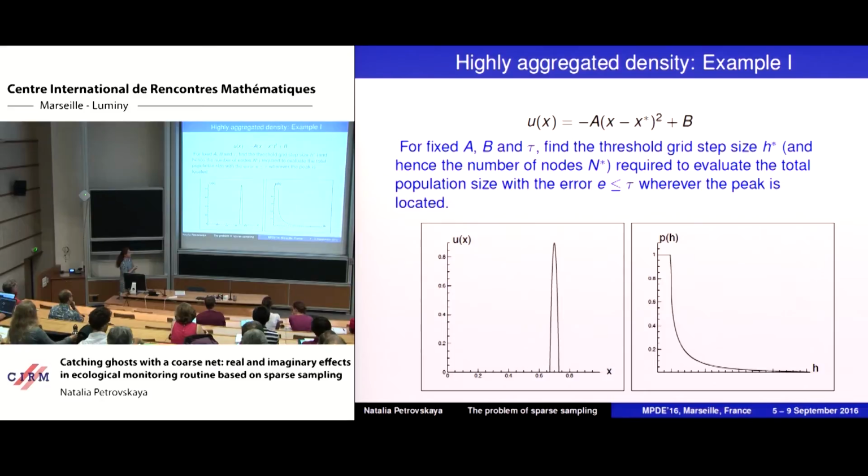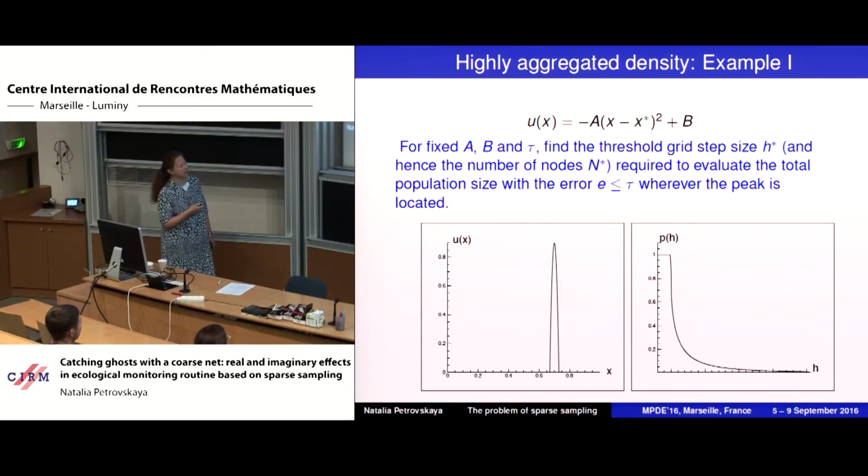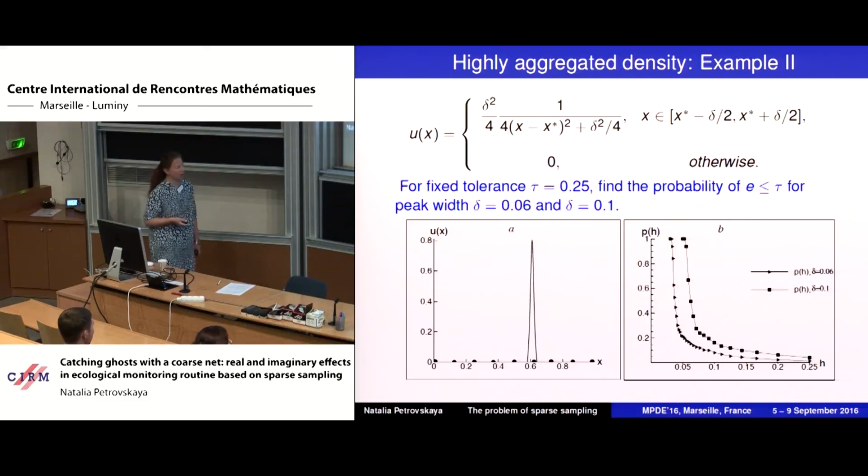So this is therefore the critical grid step size, and we can figure out the number of grid points. The theory says in this case that the value of the critical distance is related to the peak width, which is probably quite an expected result, and it's further illustrated.